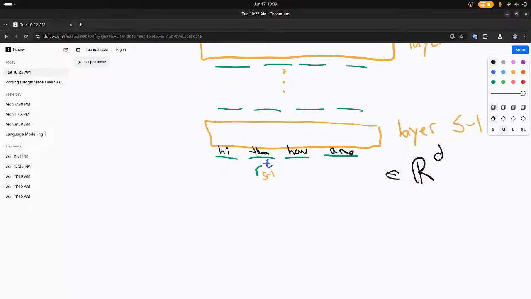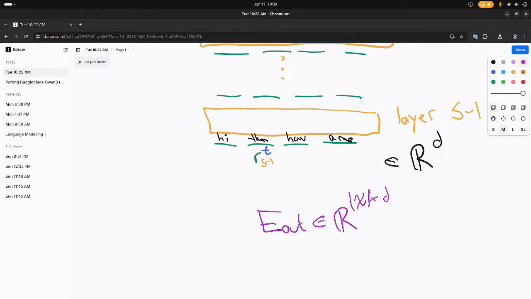Well, I create a matrix that's called E out. It has as many rows as there are words in the dictionary, and it has exactly D columns, which is very nice because it is possible now to multiply E out on the vector.